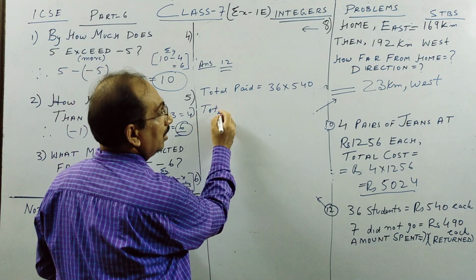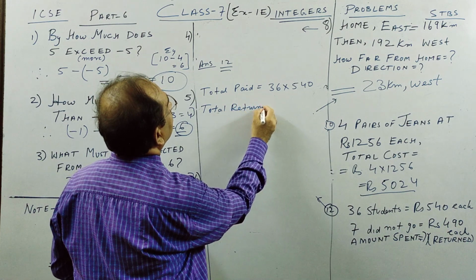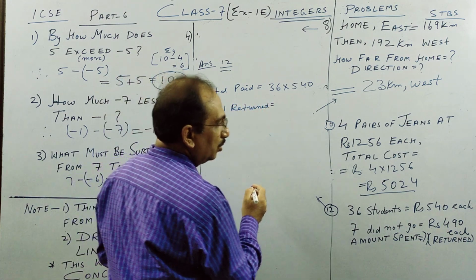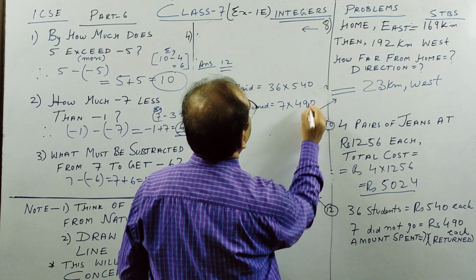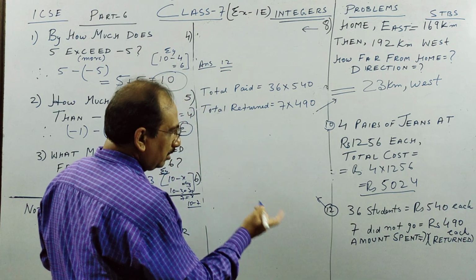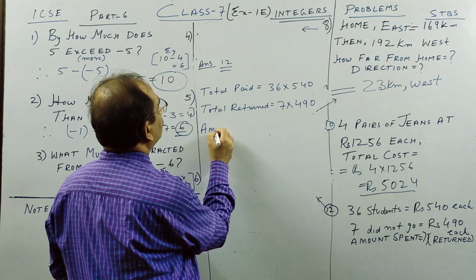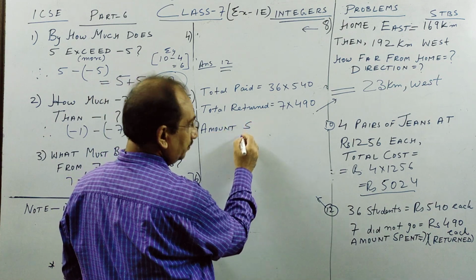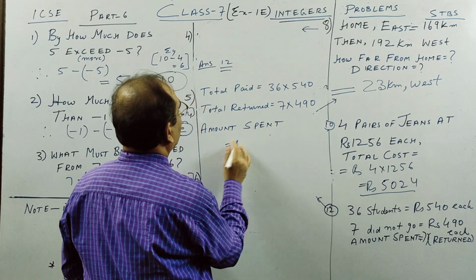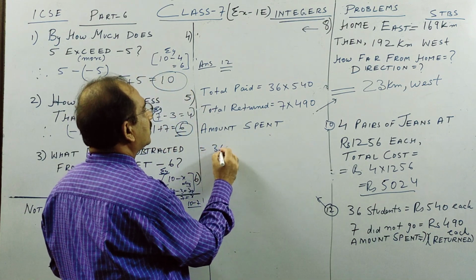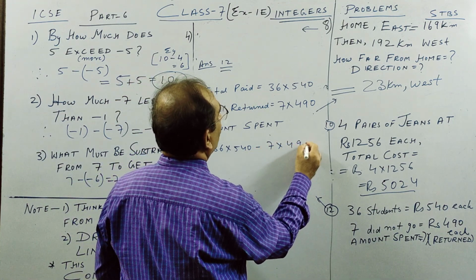So total returned is equal to 7 into 490. So finally, amount spent, how much in total? So this minus this. So amount spent is equal to, if I write in terms of, 36 into 540 minus 7 into 490.